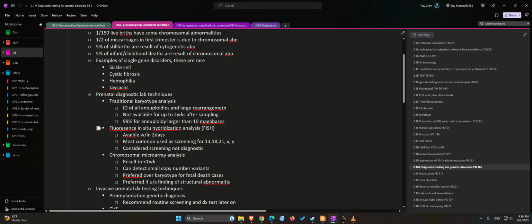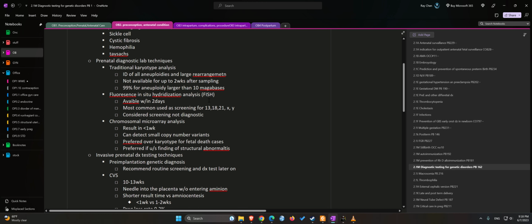FISH analysis is available within 2 days, most commonly used as a screening for 13, 18, 21, X and Y, but it is considered a screening, not a diagnostic test. Chromosomal microarray results take less than 1 week and can detect small copy number variants.